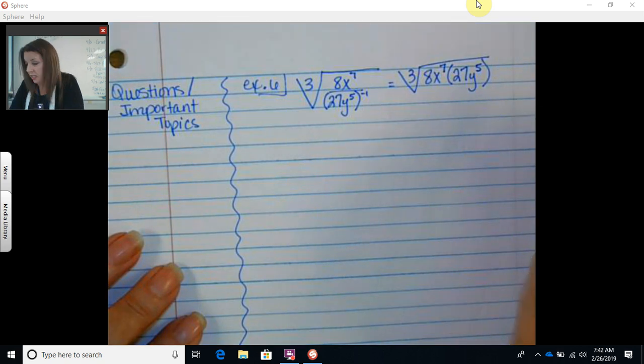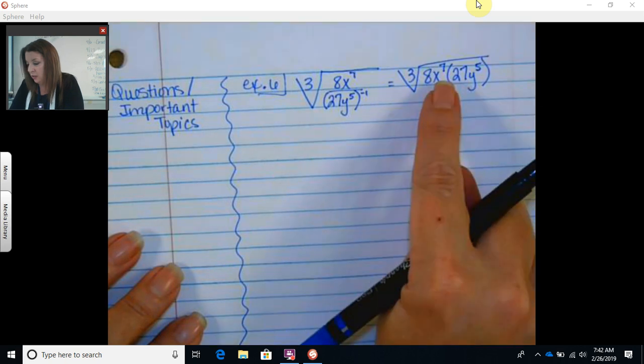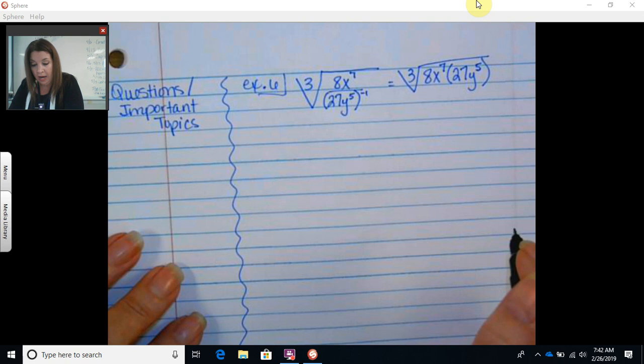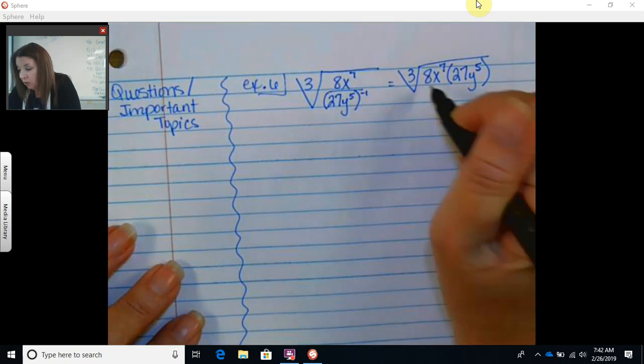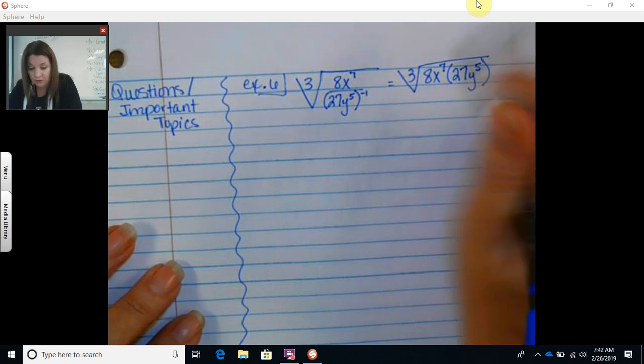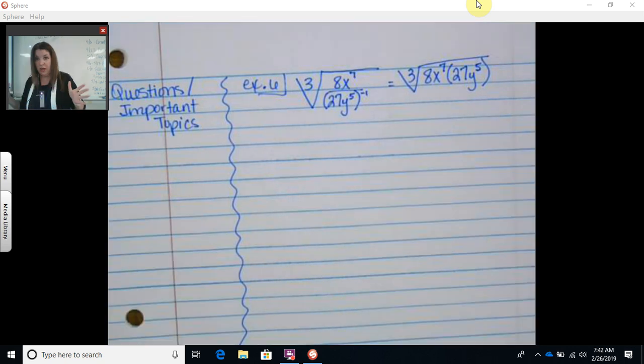So at this point, if I wanted to, I could do 8 times 27. I could do that. But I'm not going to. I'm going to wait. Okay? So I have different terms in here. I'm going to raise this whole thing to the 1/3 power technically. So I could put it in one big parentheses and do it that way, but to me it's easier just to take each individual piece by itself, okay?